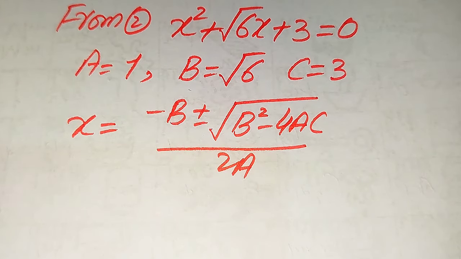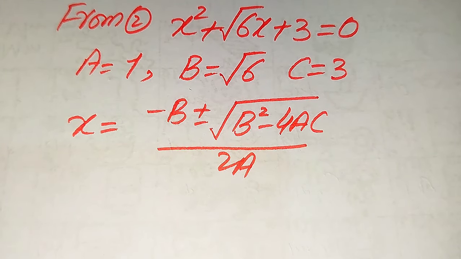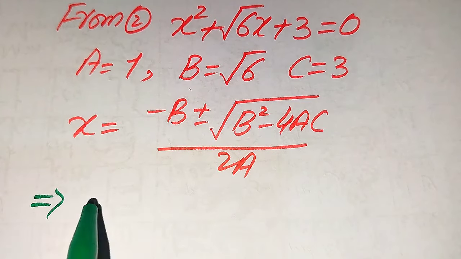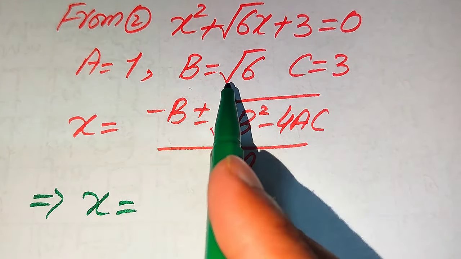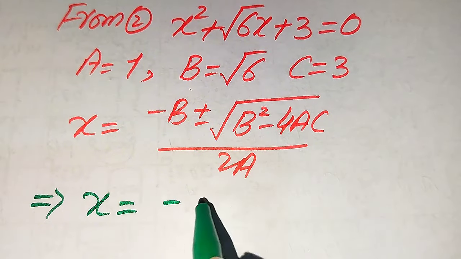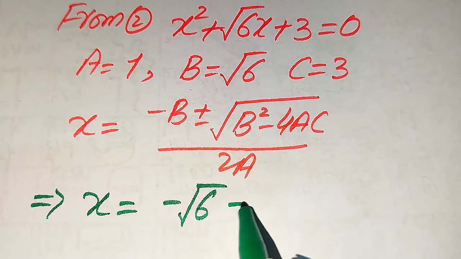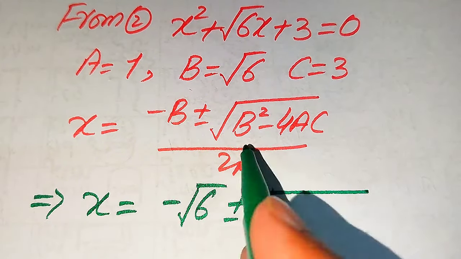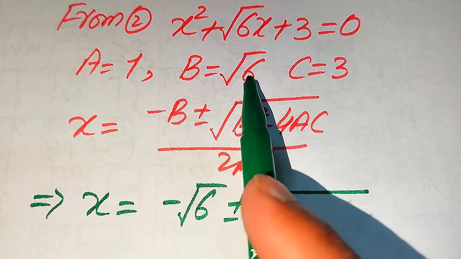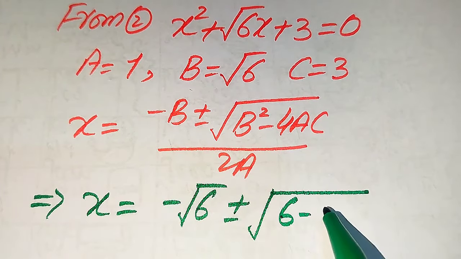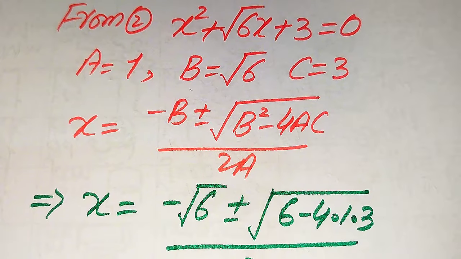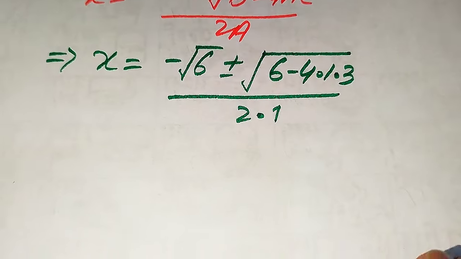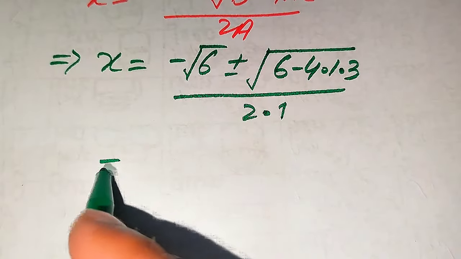This is our quadratic formula, and now we substitute the values of a, b and c here, and it will be written as x is equal to minus b. The value of b is square root of 6, and it becomes minus square root of 6 plus minus square root of b square. So square root of 6 square becomes 6 minus 4 times a, which is 1, and c, which is 3, divided by 2 times a, and here our a is also equal to 1.